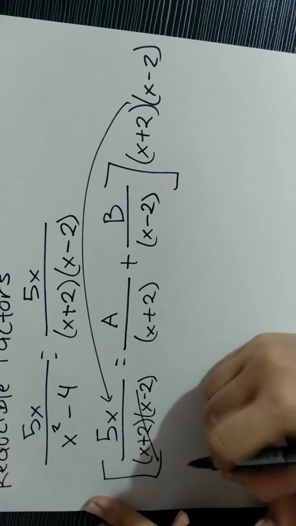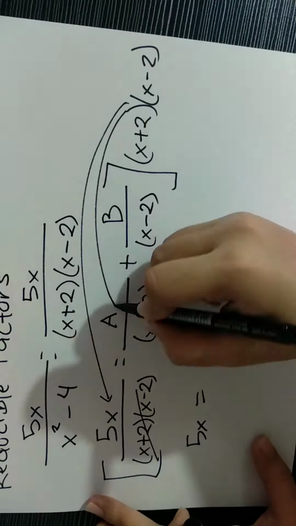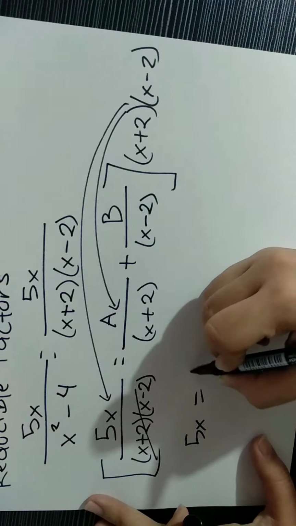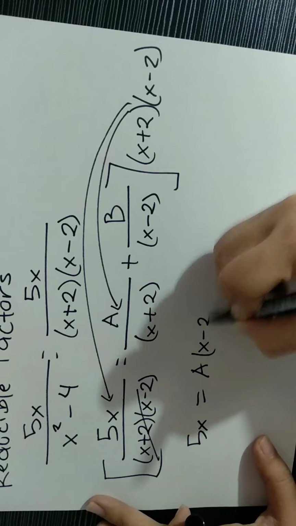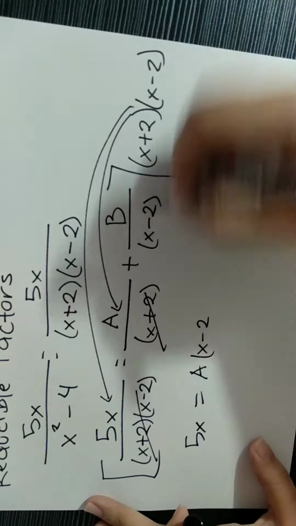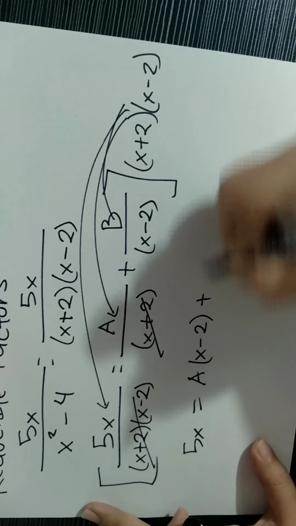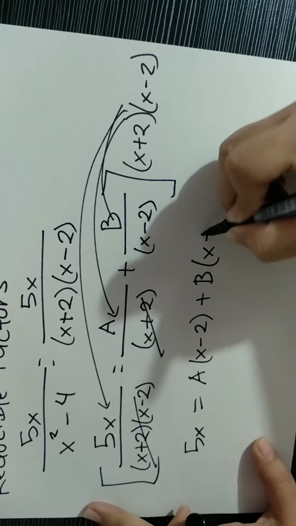Let's cancel this out, which will get 5x equals, if we multiply this to a over x plus 2, we will get a times x minus 2, since we cancel out the x plus 2. Now, if we multiply this to b over x minus 2, we'll get plus b times x plus 2.